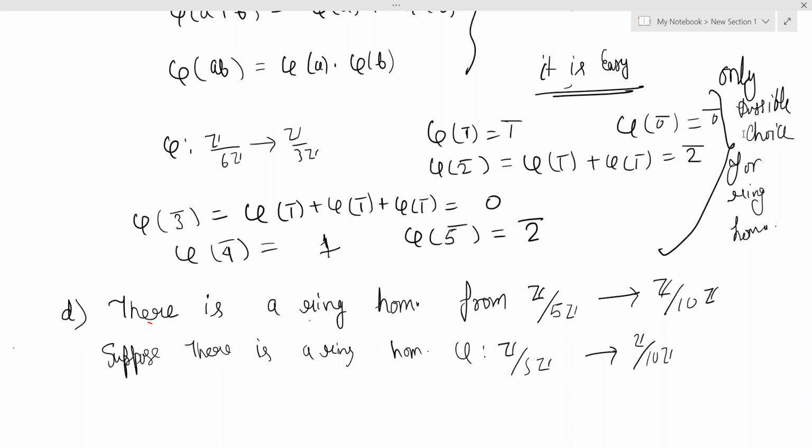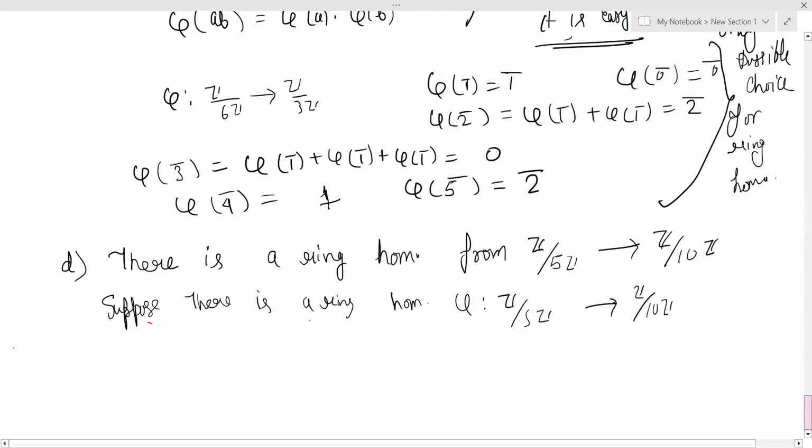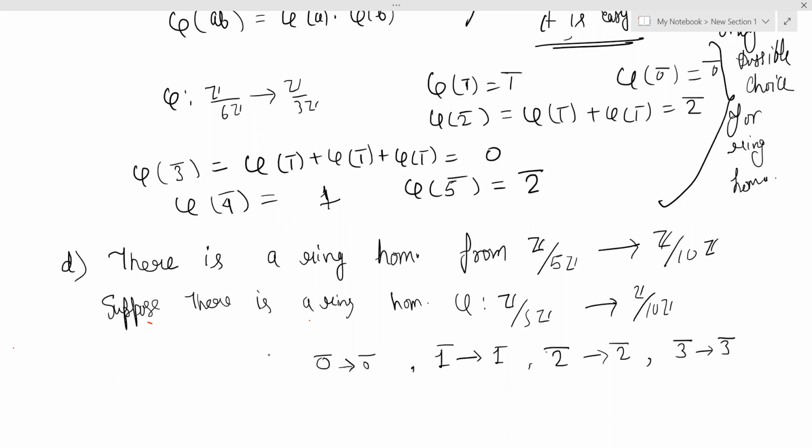Then 1 bar should go to 1 bar, 0 bar should go to 0 bar. By the same construction as I did above, 2 bar should go to 2 bar, 3 bar should go to 3 bar, 4 bar should go to 4 bar.